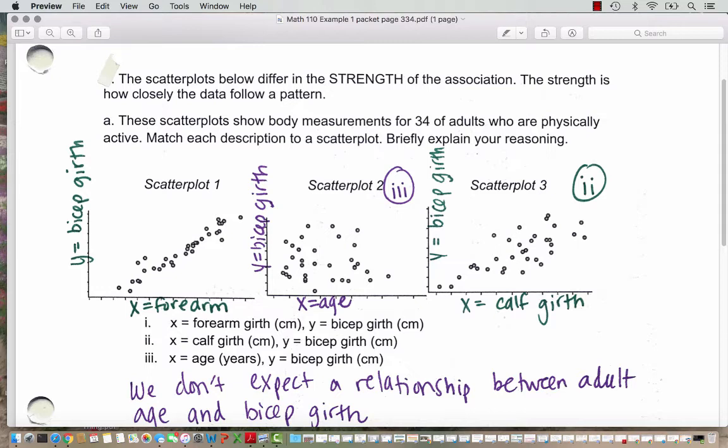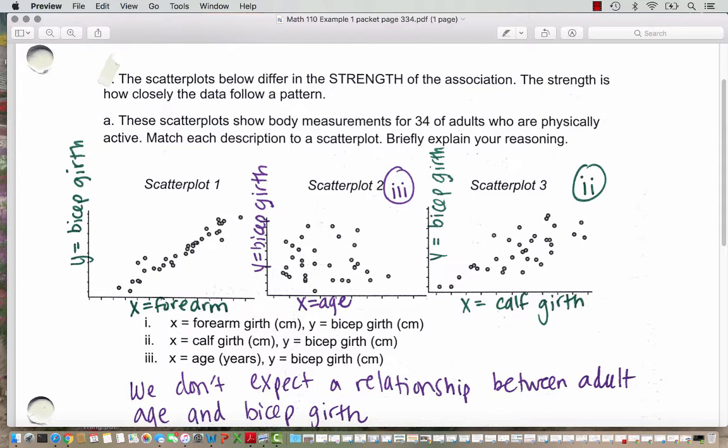In scatter plot 3, the association is positive, but the strength of the points fitted to a line is not as strong as in scatter plot 1. So we see a positive association, but we don't expect our strength of the fit to the line to be as reliable as scatter plot 1.